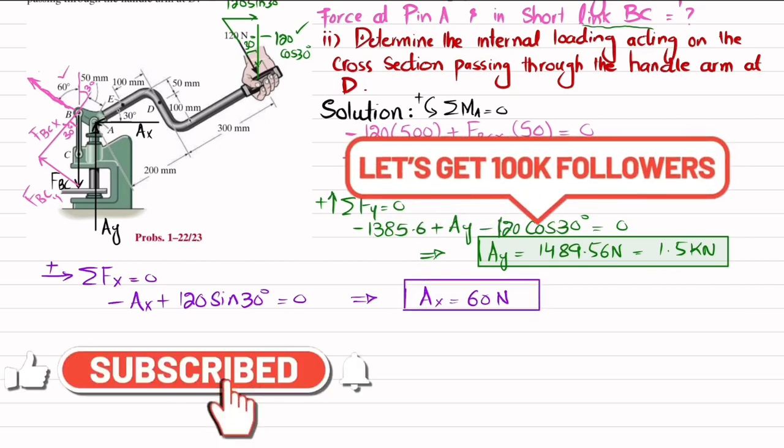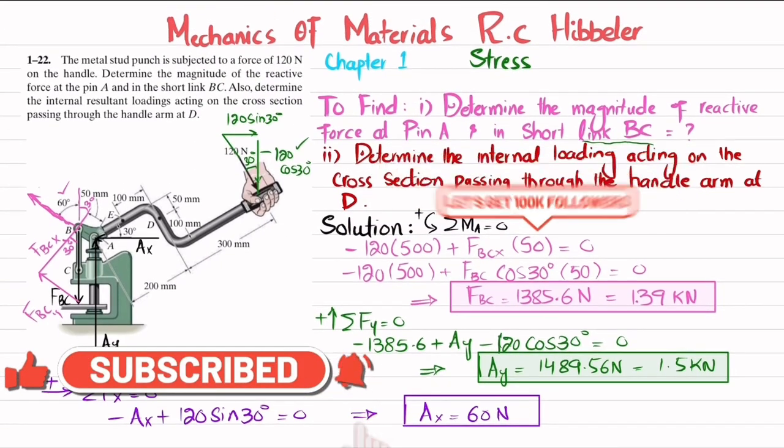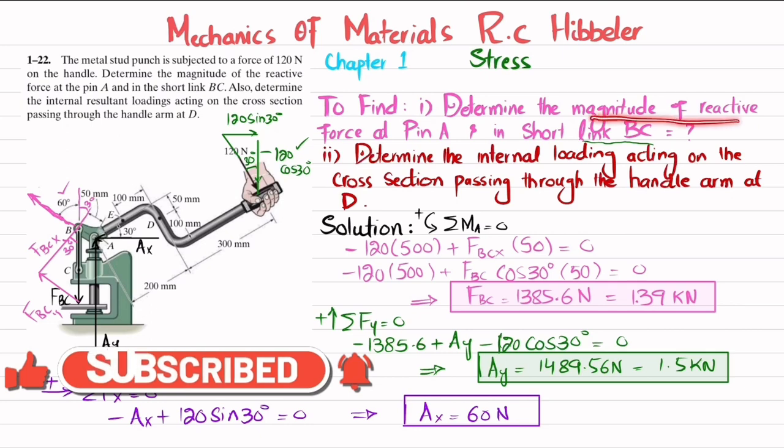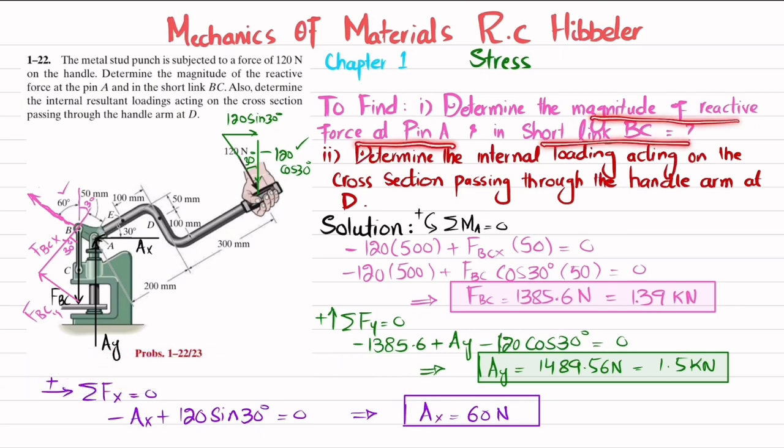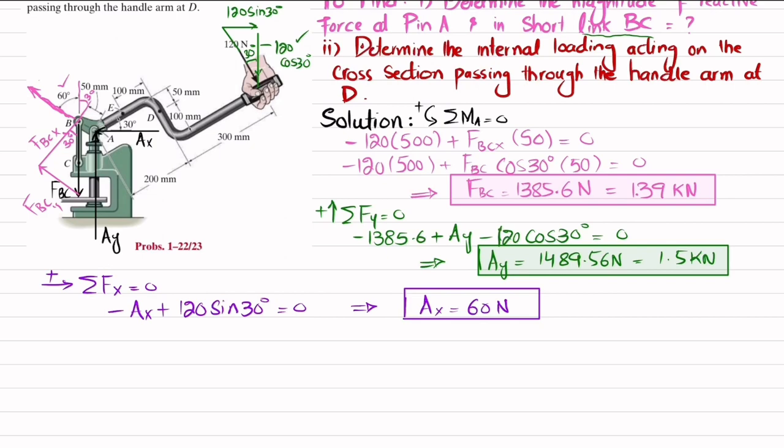So this is the answer of our first part, in which we have been asked to determine the magnitude of reactive force at pin A and short link BC. Now the resultant of this horizontal and vertical force can be obtained by using Pythagoras theorem, and let this be reaction force A or FA. So we can find this FA, reactive force at pin A, will be equal to the root of AX square plus AY square.